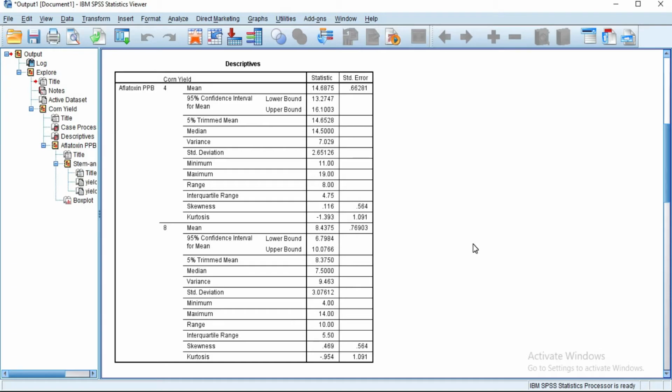If the kurtosis is negative, it means your distribution is flatter than the standard normal curve. And if it's positive, it indicates that the peak of your curve is a bit higher than the standard normal curve.